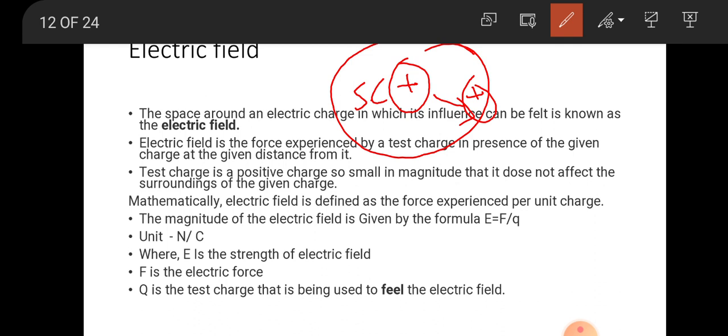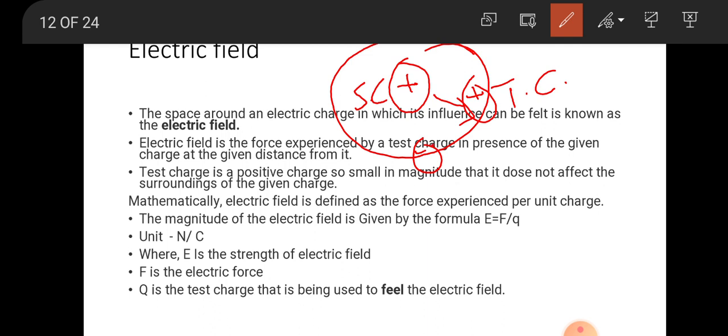Okay, and this test charge will feel the electric field that is also in the direction of the force exerted by the source charge. Now if I place a negative charge in the surrounding, then yes, there will be the attraction.